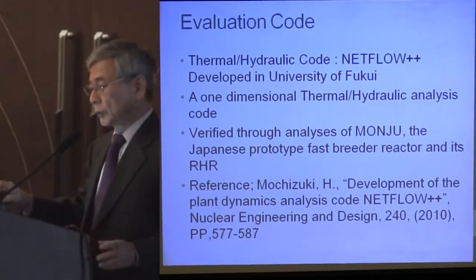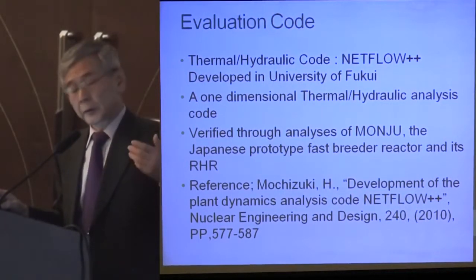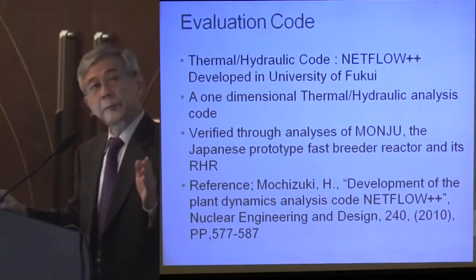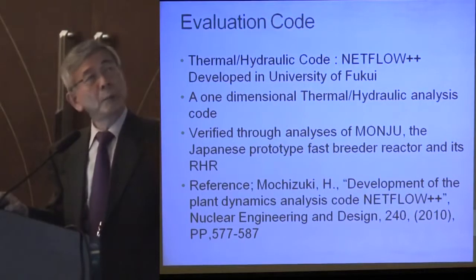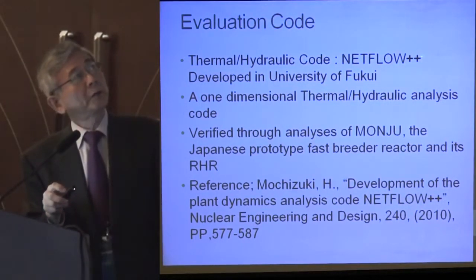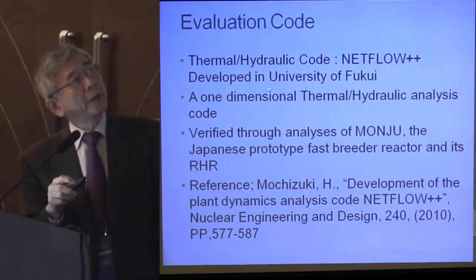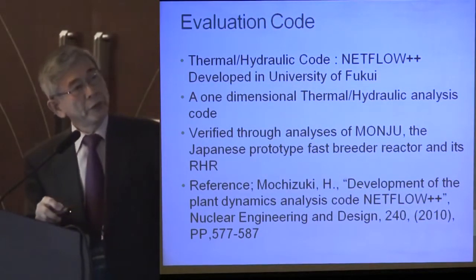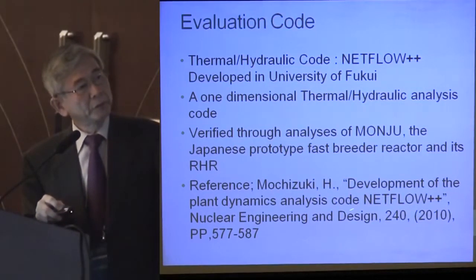Evaluation code to calculate the cooling system or RHR system performance. We use the thermal hydraulic code NetFlow++. This was developed at a university by Professor Mochizuki, as a plant dynamics analysis code.